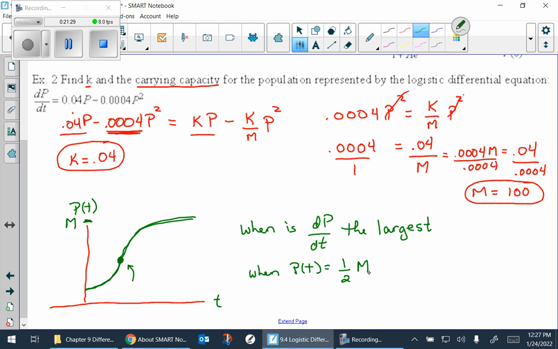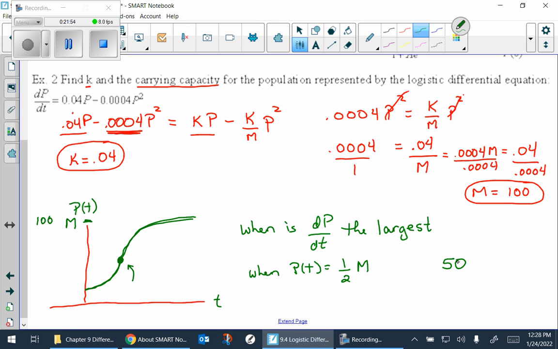So if you're asked, let's say the carrying capacity, like in this last thing, was 100. If they say, what's the population when the rate of change is the largest? You would say 50. That's the population when the rate of change is the largest.